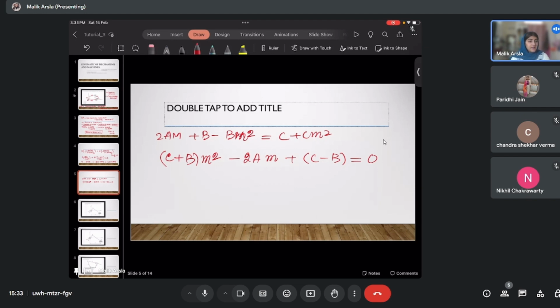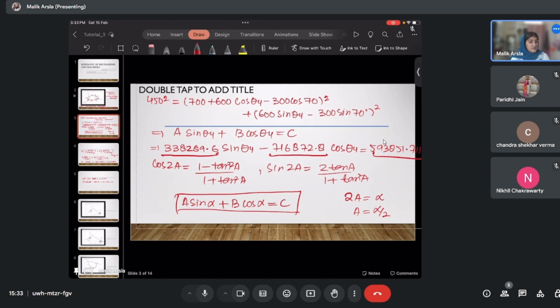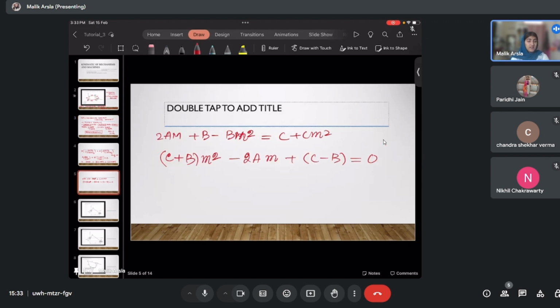So compare it with this equation. Here this is your a sine theta 4 minus b cos theta 4 and c. So you have these coefficients a, b and c. So give me the roots of this quadratic equation. You can solve it, right?